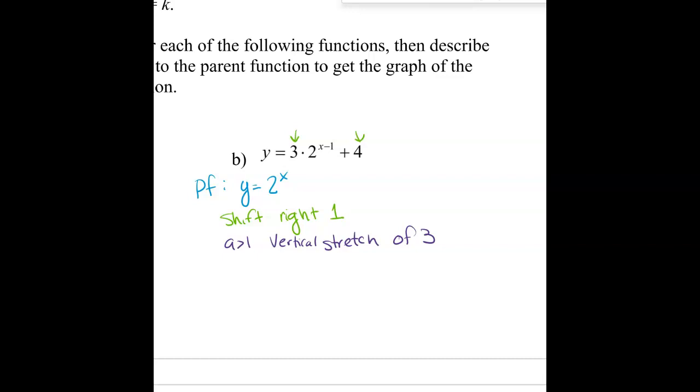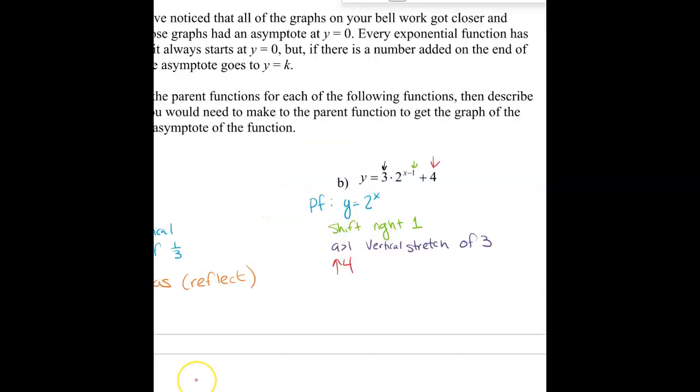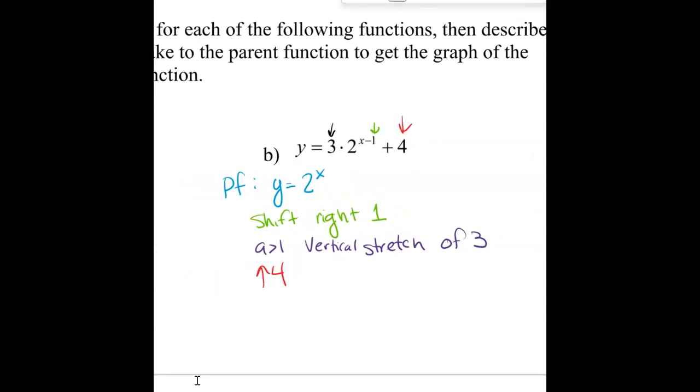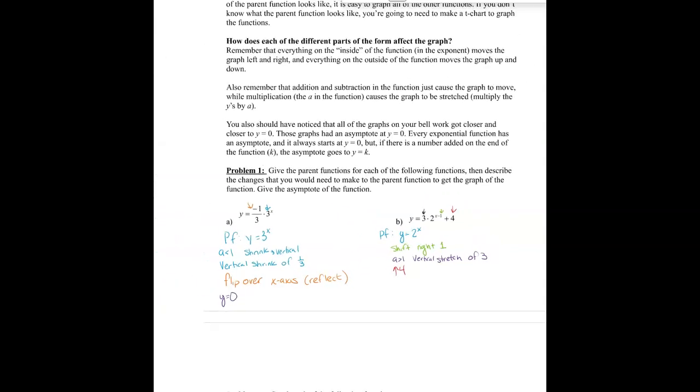Alright, and then my final transformation should be that 4 on the end, which is that shift again. But this time that shift is going to go either up or down. Since that is positive on the end, we are going to go up. If you're sitting here thinking, well, why did I shift right 1 and then go up 4?